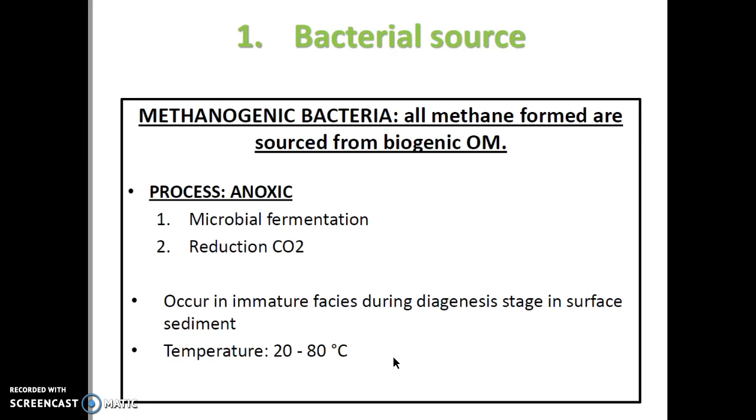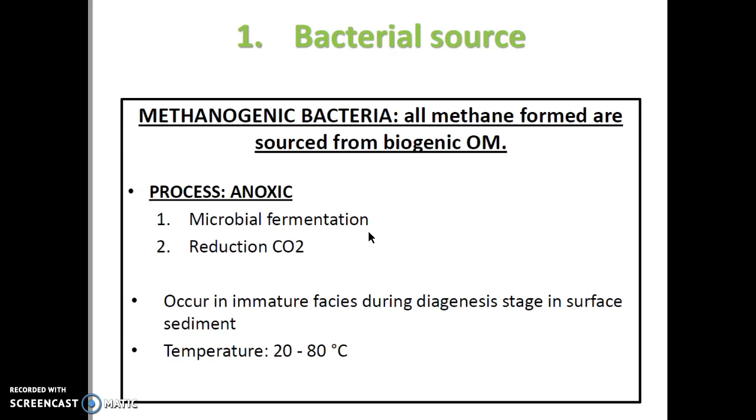In this condition, there will be two reactions or processes that occur in generating the hydrocarbon gas. The first one is microbial fermentation, in which bacteria that exist in the organic matter ferment it and produce hydrogen and carbon dioxide.